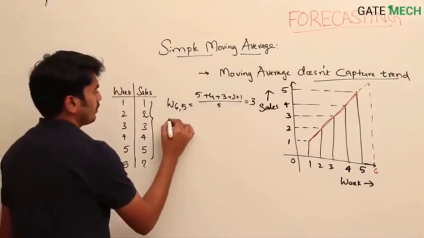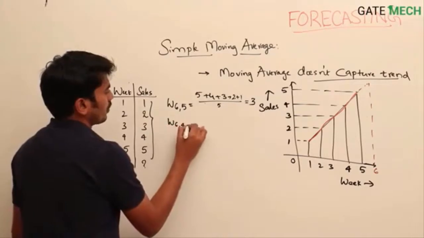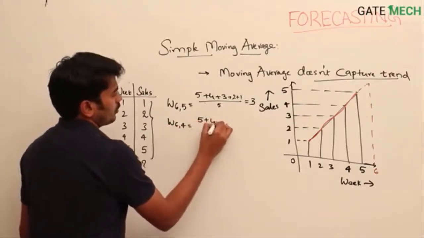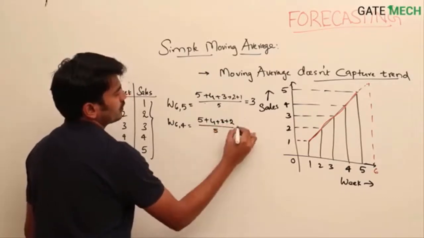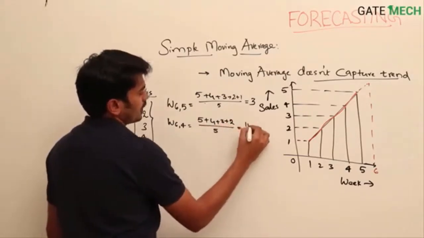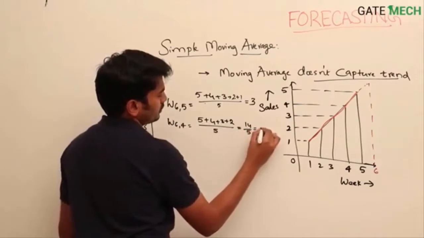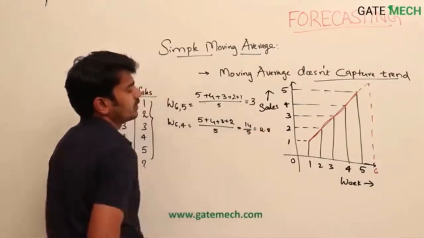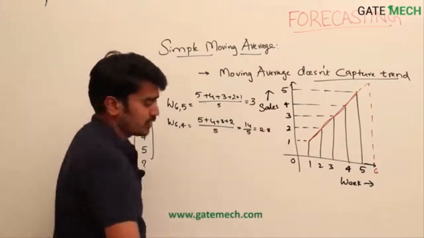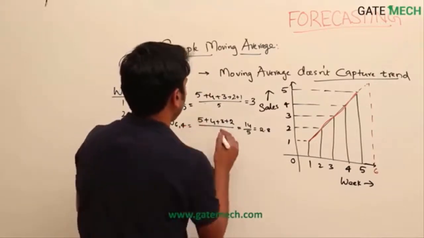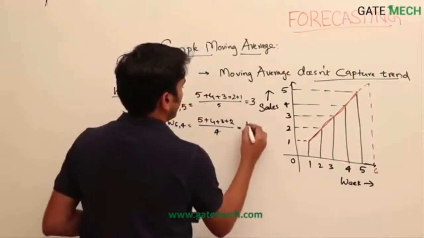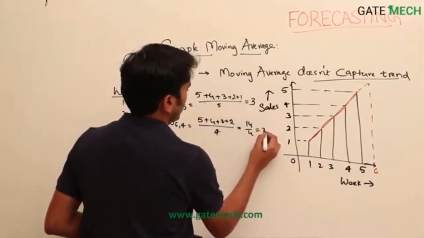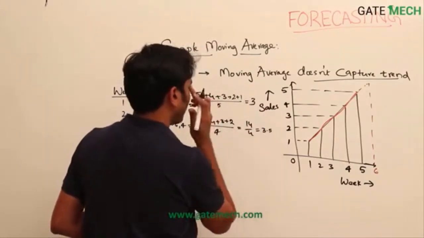If we compute with 4 periods, 5 plus 4 plus 3 plus 2 is 14, divided by 4, which equals 3.5.